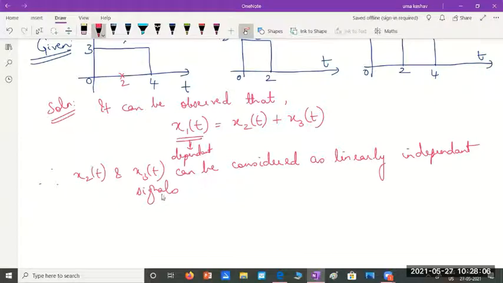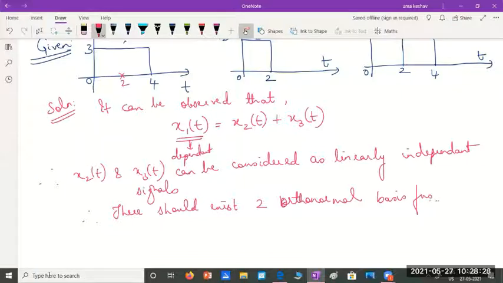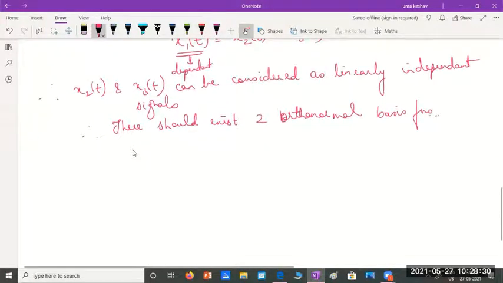Therefore, there should exist two basis functions, two orthonormal basis functions. So usually this is a clue to tell us how many basis functions should exist. If I have two independent signals, it can be two orthonormal basis functions as a general rule. Okay.